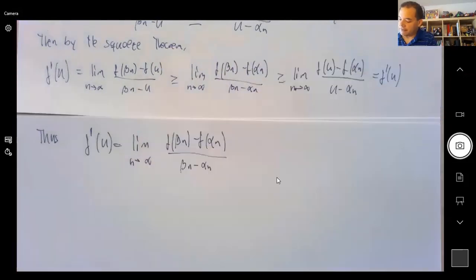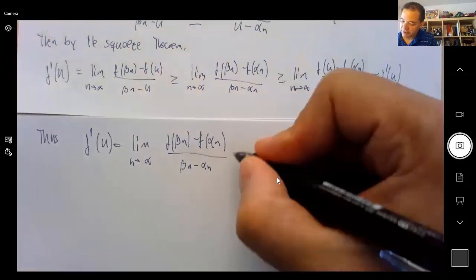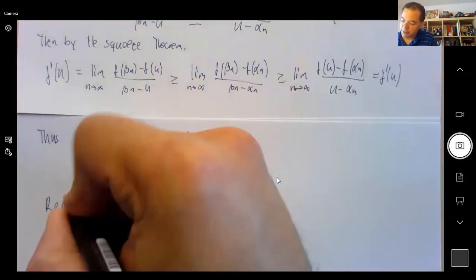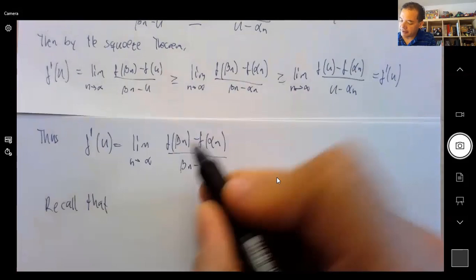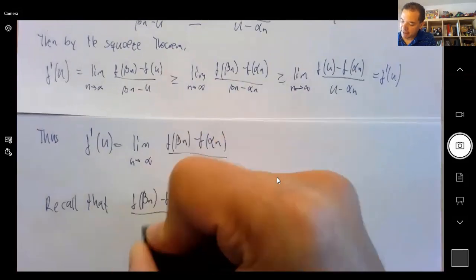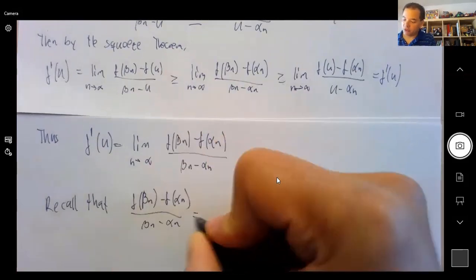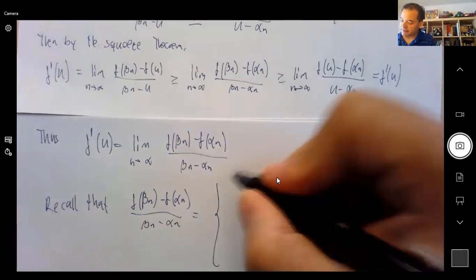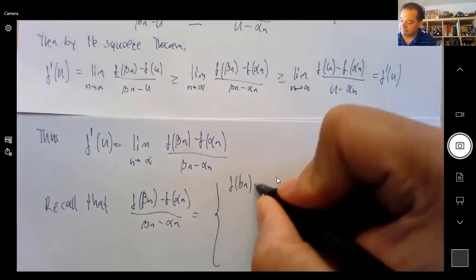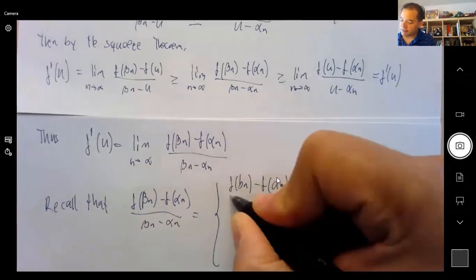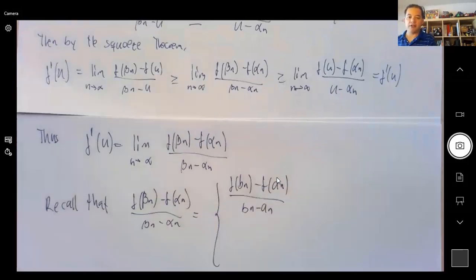So let me write it. What could have been the case? Two things could happen. Either they stay the same, in which case that's exactly what I want, right? Or they didn't stay the same, in which case I flip them.